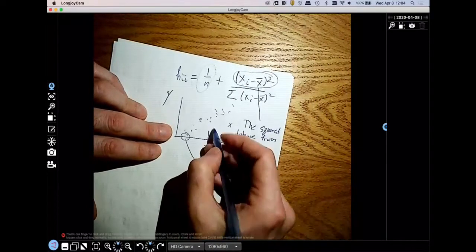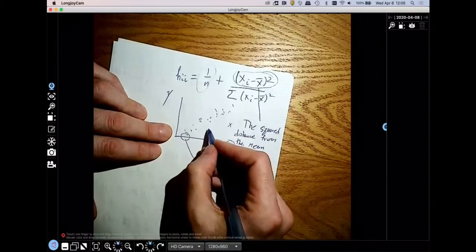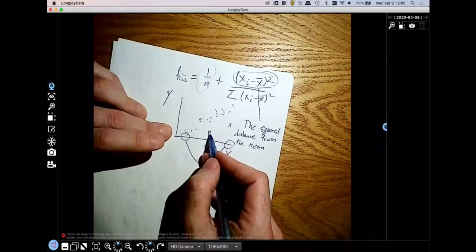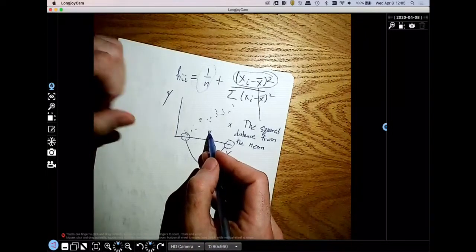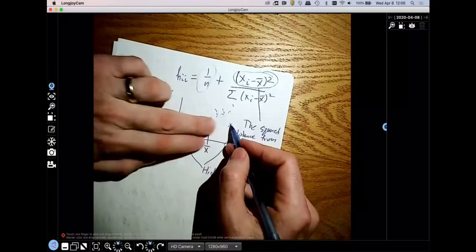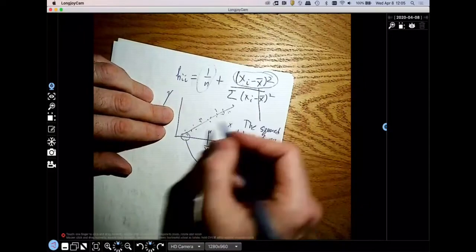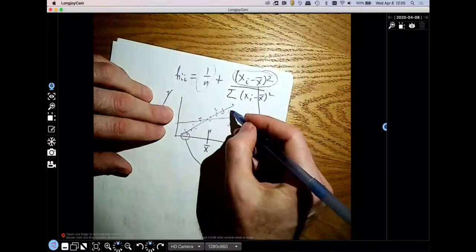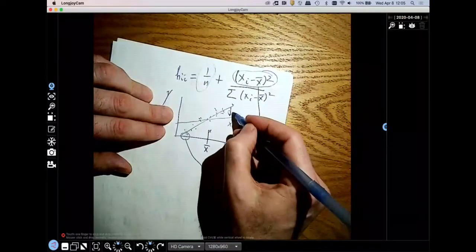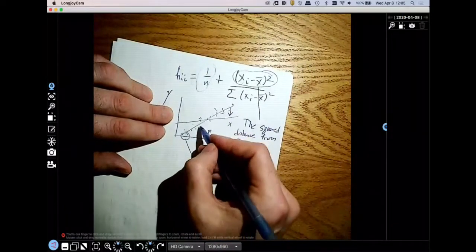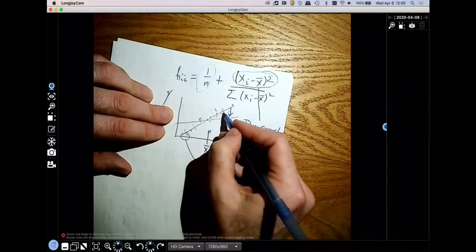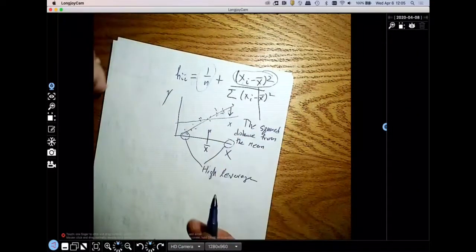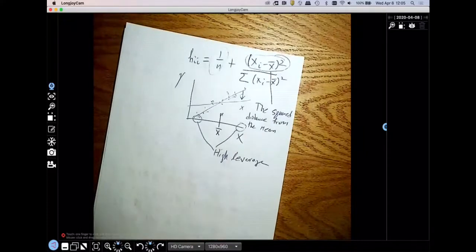If I had a point that was equally far from the scatter, but in the middle, it wouldn't exert much leverage. This point would take a line that looks like this and pull it down, if you will, because it has leverage, whereas the middle point might just move the whole line down a whisker. It doesn't have any leverage. So that's what we mean by leverage.